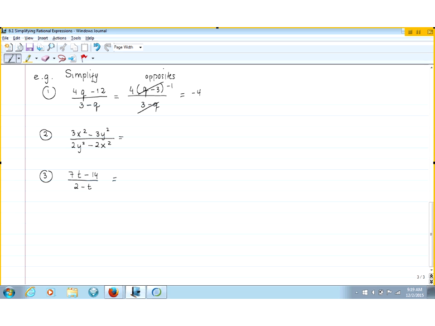So what's the answer for number 2? So what do we factor out for number 2? 3, and we're left with x squared minus y squared. And on the bottom, 2 times y squared minus x squared. Now, before we factor further, we see that x squared minus y squared and y squared minus x squared, what happens to these two?